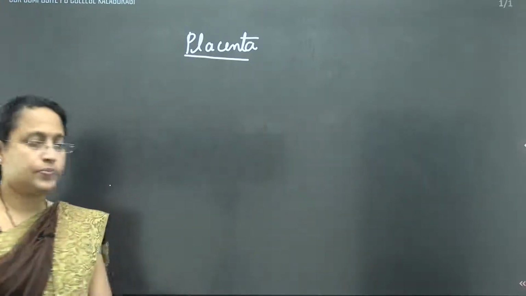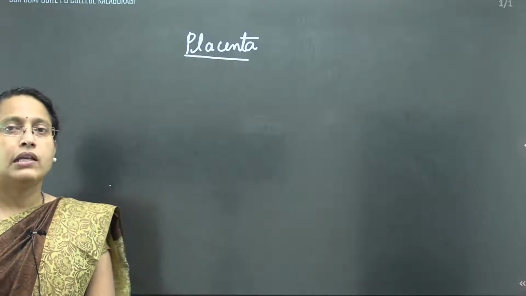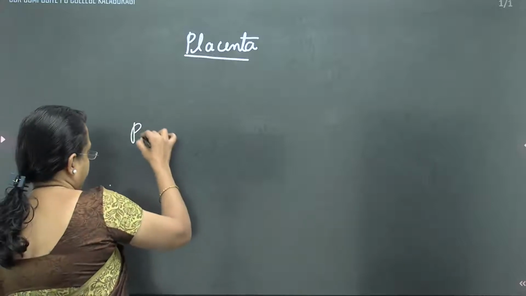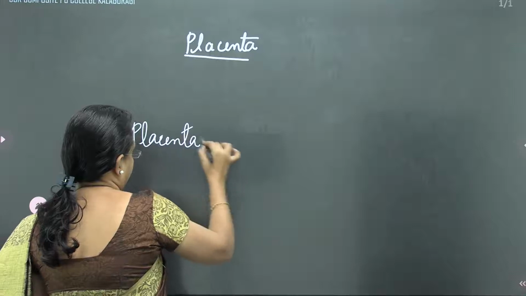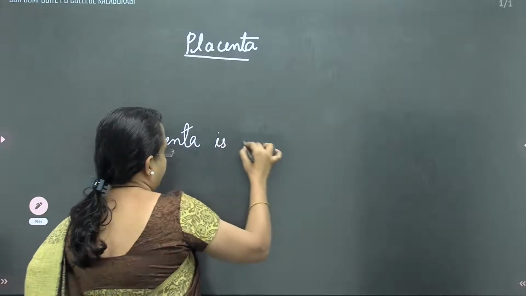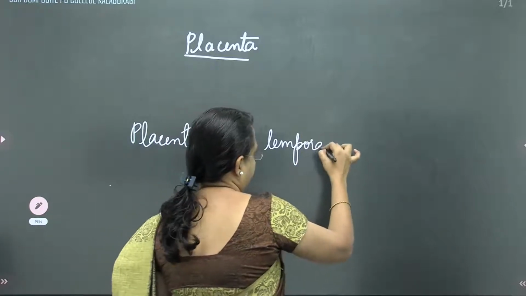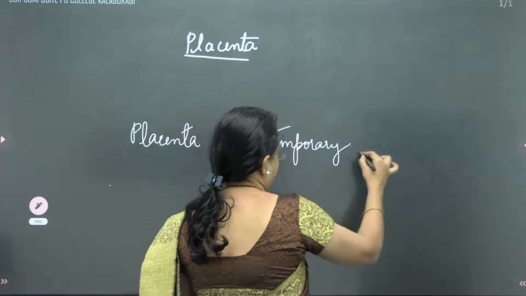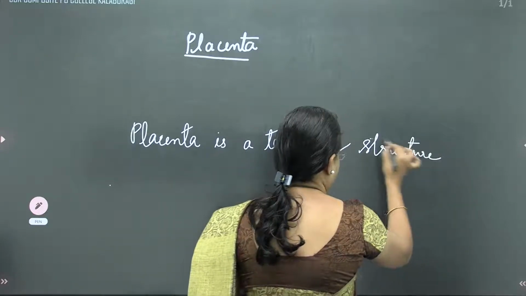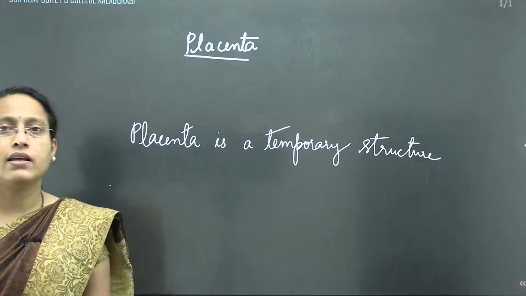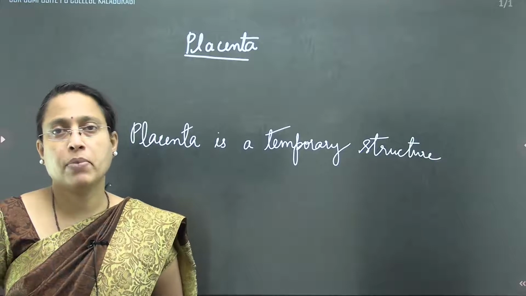Now, next is placenta is a temporary structure. What does it mean? It is not permanently part of the body.